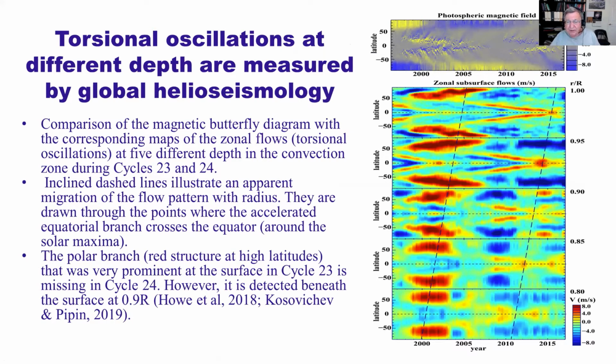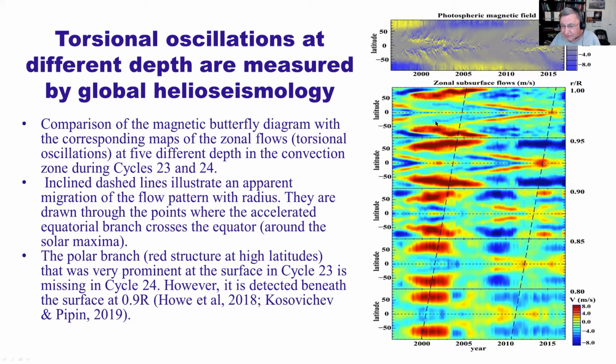So what about torsional oscillations? Torsional oscillations were also measured by global helioseismology and observed in the convection zone. This picture shows the combination of the variations of differential rotation, combined from two spacecraft, SOHO and SDO, for 20 years of observations.